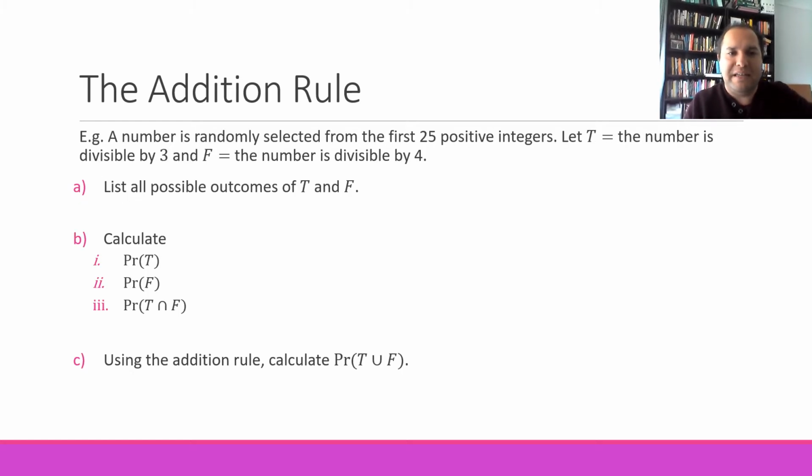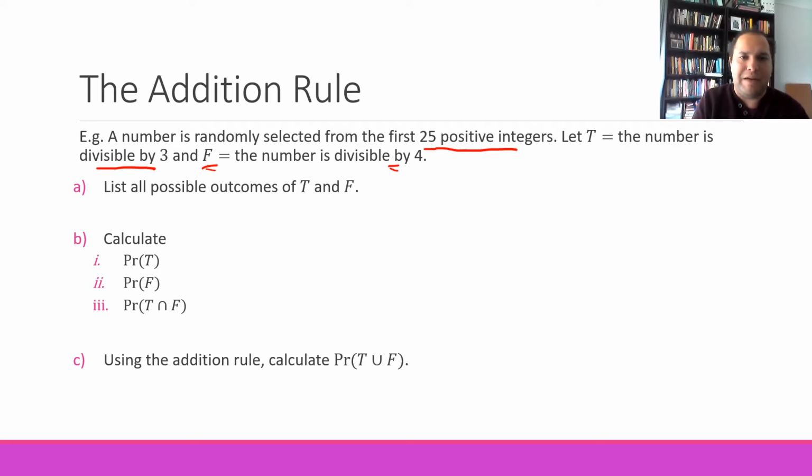All right, so let's do this in an example. We've got the first 25 integers that we're considering here, and we're randomly selecting numbers. Let the event T be the number is divisible by 3, and F are the numbers that are divisible by 4.